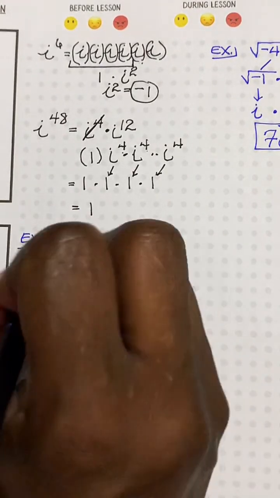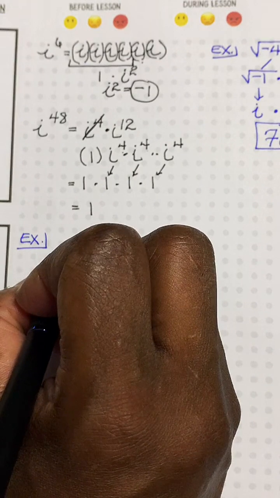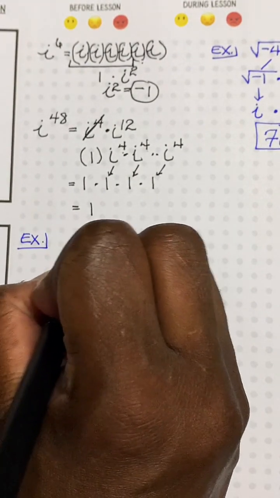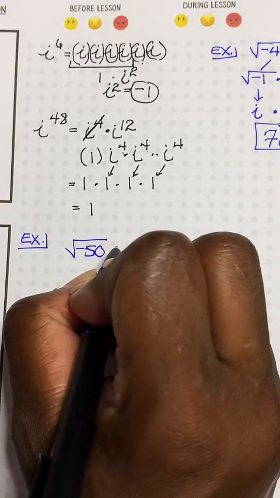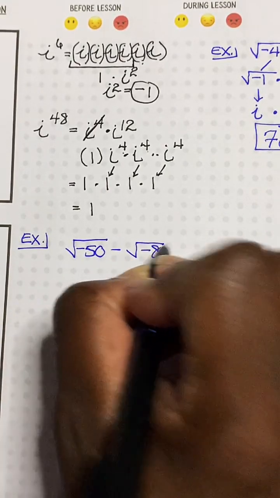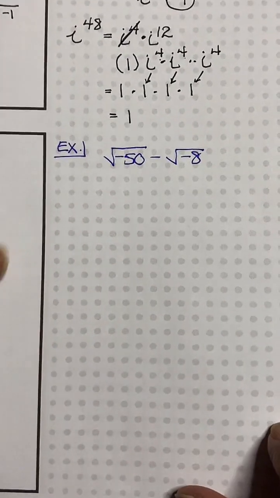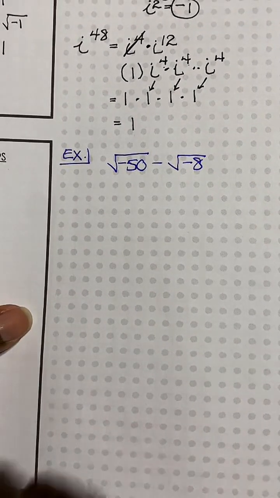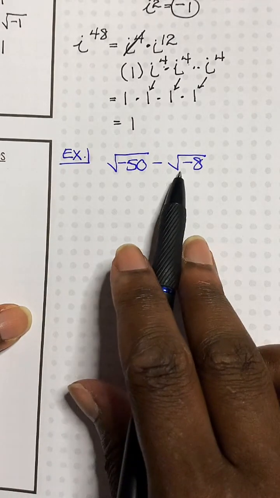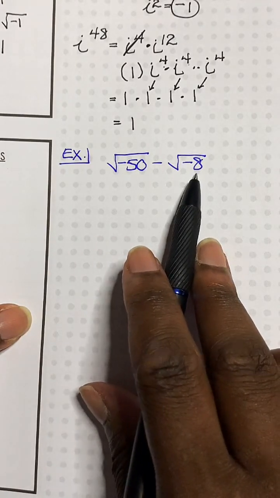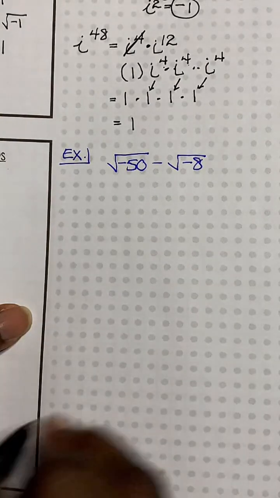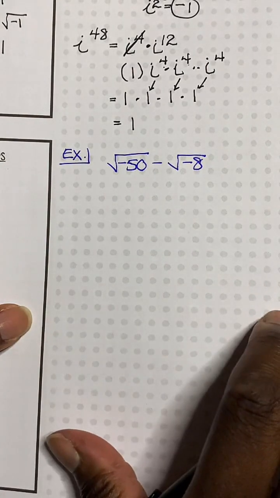If we have, let's say, the square root of negative 50 minus the square root of negative 8. Let's do a little work early. Let's break it down.